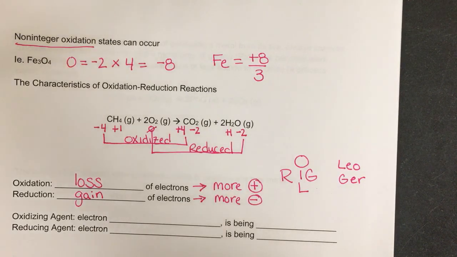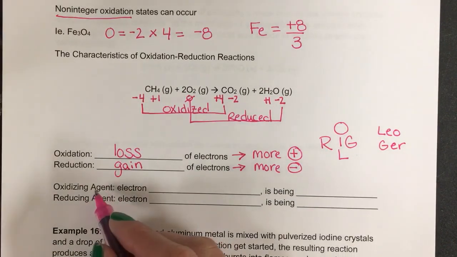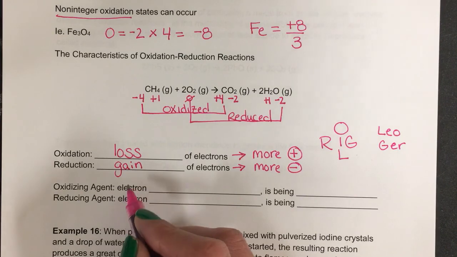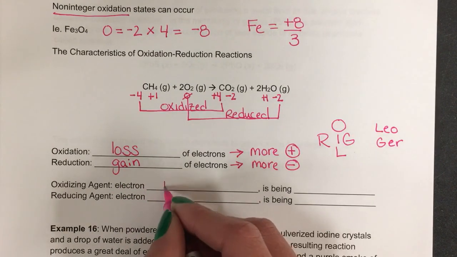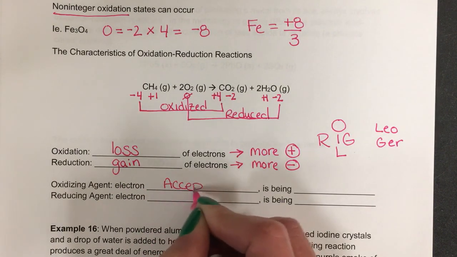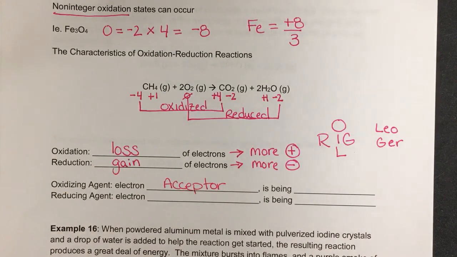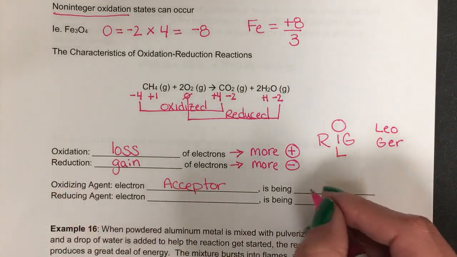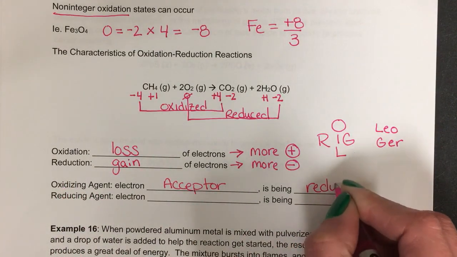Okay? Now here's where it starts getting a little bit trickier. The oxidizing agent is going to be the electron acceptor, which means the oxidizing agent is the thing that is being reduced.